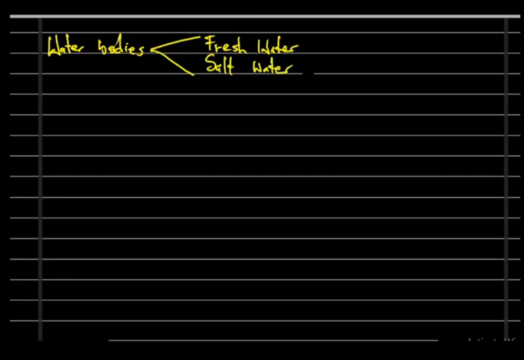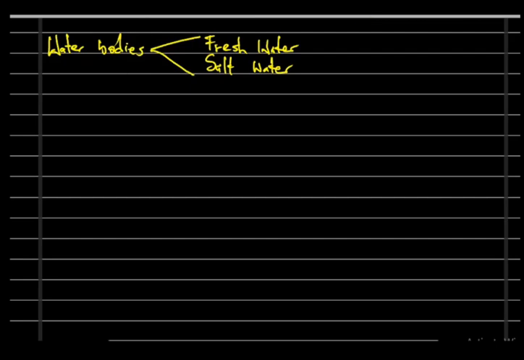Those are the two water bodies that we have, basically divided into two. But we now have a third condition in which we have a mixture of these two. Fresh water is just a water that does not have salt content, and then salt water has high amount of salt in them. So those are the characteristics of the two waters.